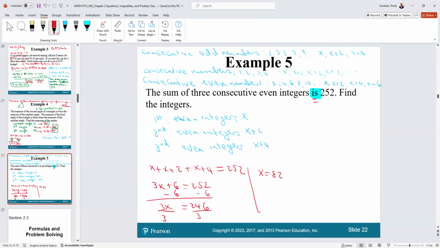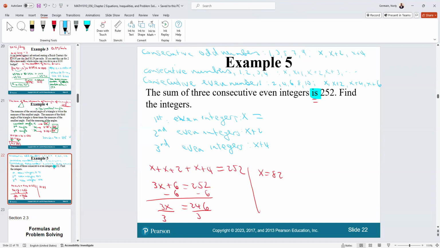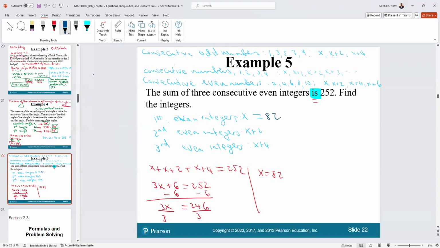82. Now we know our first number, this number right here would be 82, 82 plus 2 is 84, 84 plus 2 is 86.